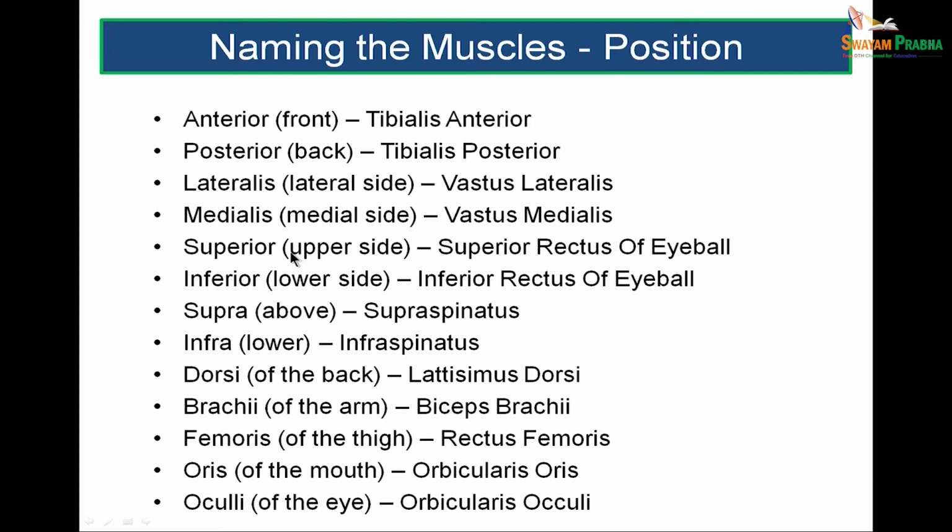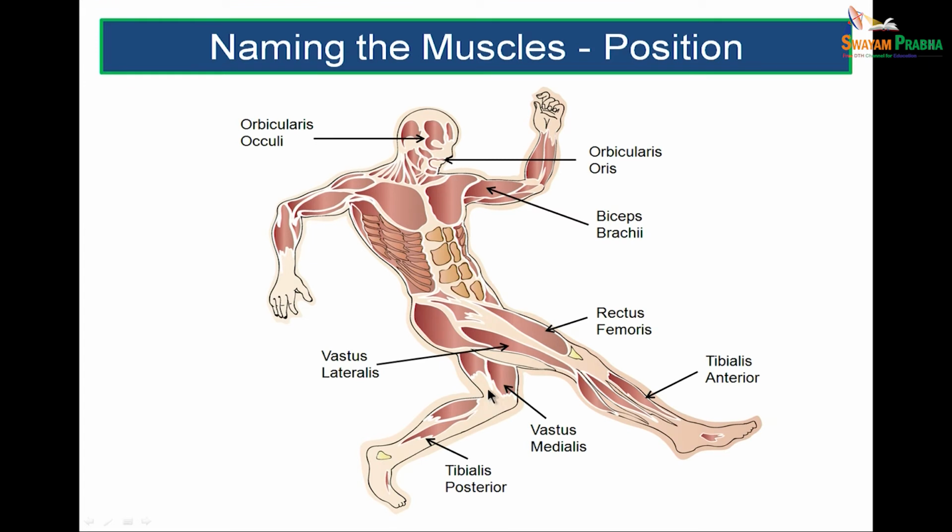Similarly, we have superior and inferior, superior rectus, inferior rectus, supra or infra, supraspinatus, infraspinatus, dorsi of the back, latissimus dorsi, brachii of the arm, biceps brachii, femoris of the thigh, rectus femoris, oris of the mouth, orbicularis oris, or of the eye, orbicularis oculi. So, this is how we name muscles based on their position.